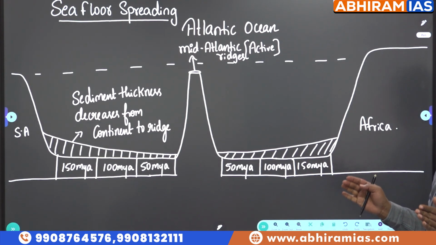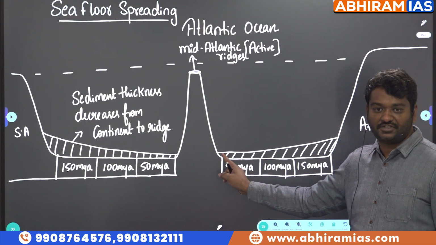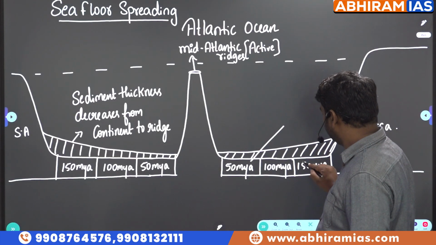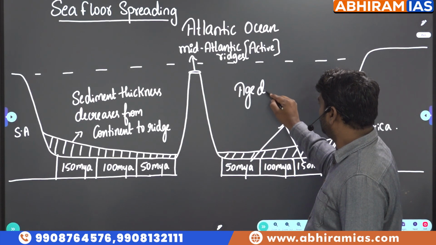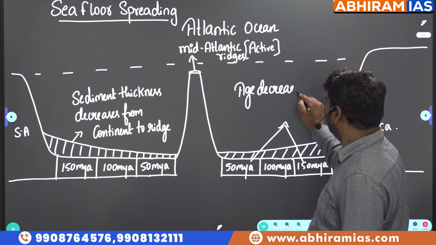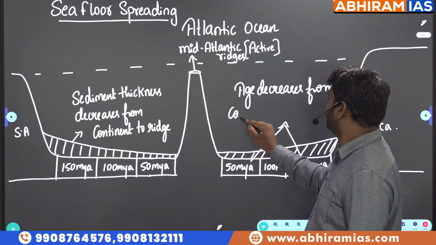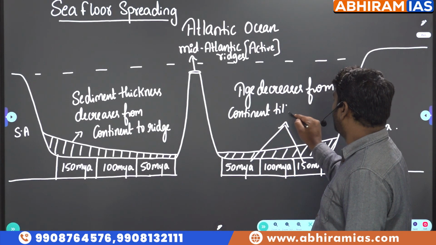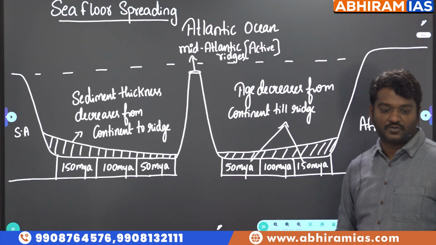The age of the oceanic crust decreases from the continent till the ridge. Okay? Age decreases from continent till ridge. Okay, 4 points will come in seafloor spreading.